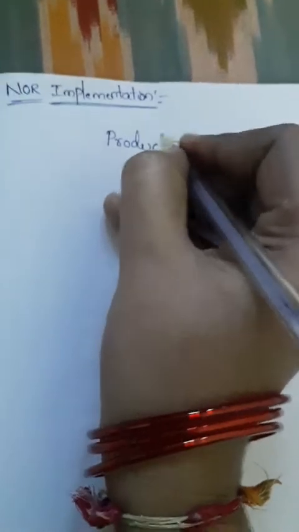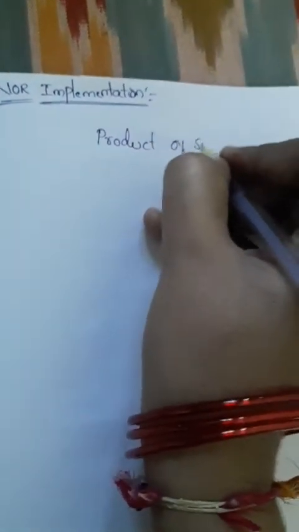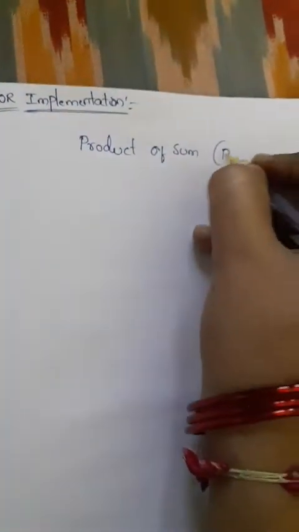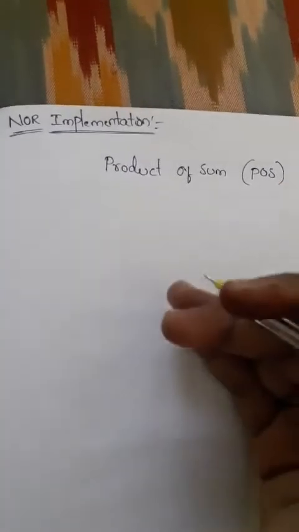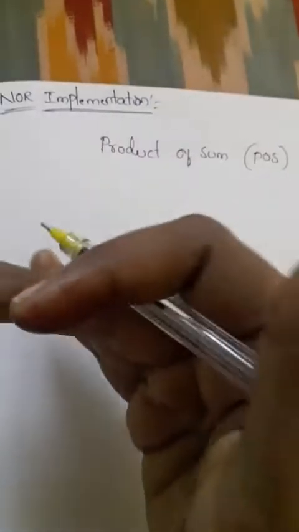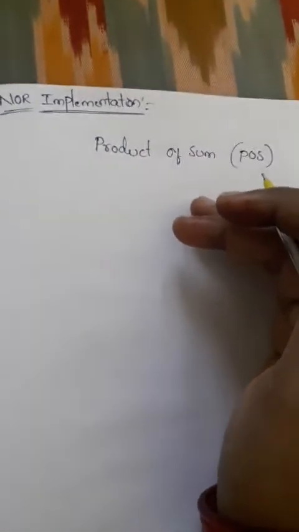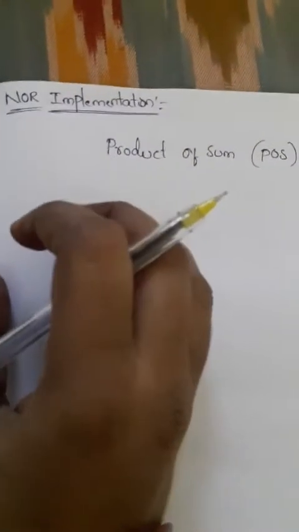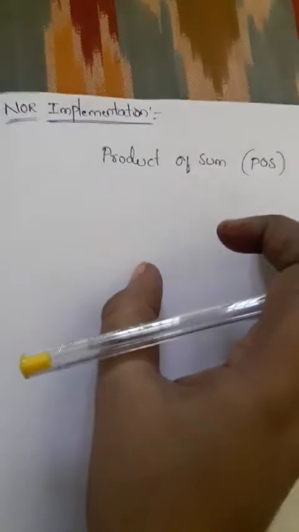That is the difference. In NAND implementation we take the expression in the form of SOP, right? In NOR implementation, to implement the Boolean expression using NOR gates, the expression must compulsorily be in the form of product of sum. This NOR function is the dual of the NAND function.